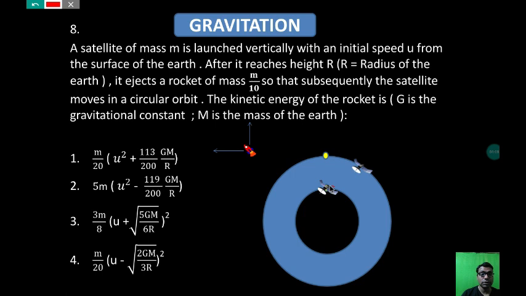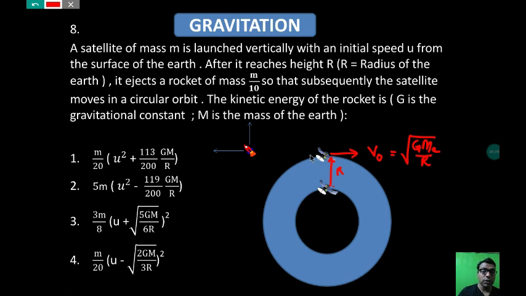So this is the satellite at height r, and it will start moving with some velocity that is called the orbital velocity. Now we all know the orbital velocity, that is under root of g m e by r.